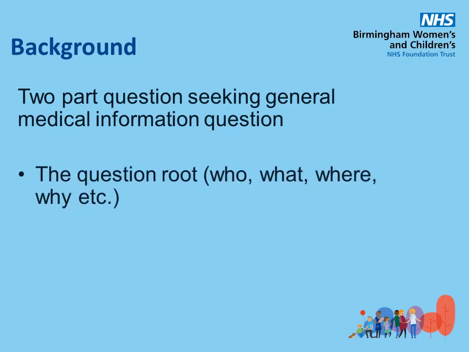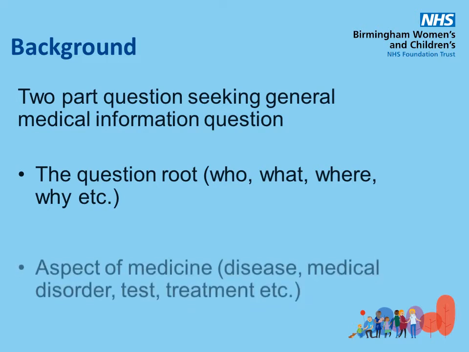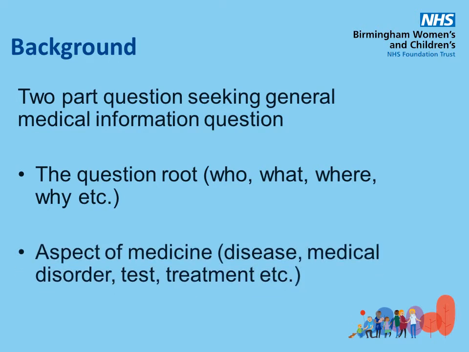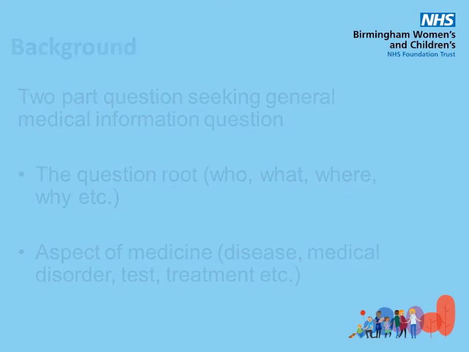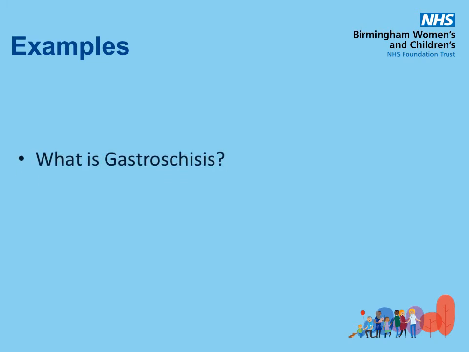The question root, the who, the what, the where, the why or the how, and then an aspect about medicine, for example the disease, disorder, test or treatment that we're interested in. For example, background questions could be: what is gastroschisis? Or do vaccines cause autism? And we'll often find answers to these questions in books or guidelines.